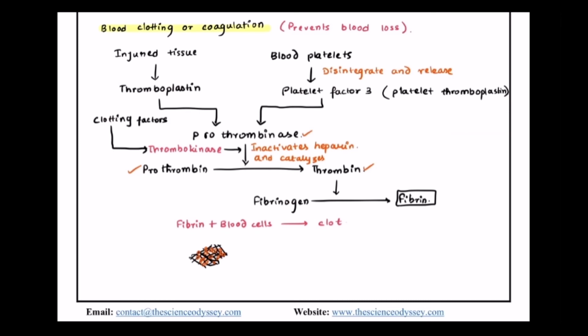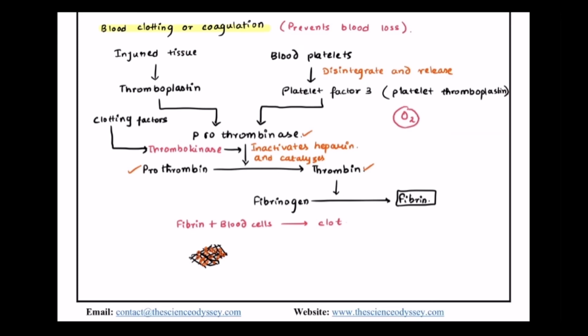Now, apart from this, a very important factor that plays in blood clotting or blood coagulation is the exposure of the blood to oxygen or to the environment. So oxygen plays a very important role in blood clotting.